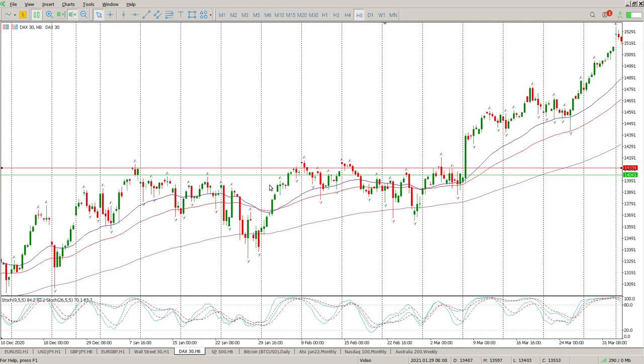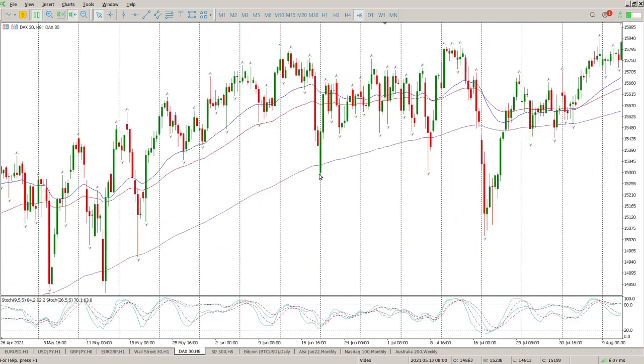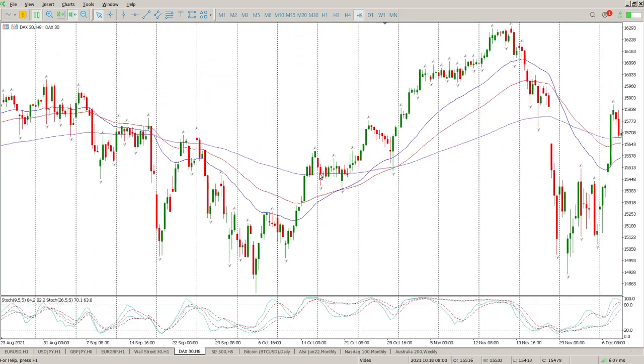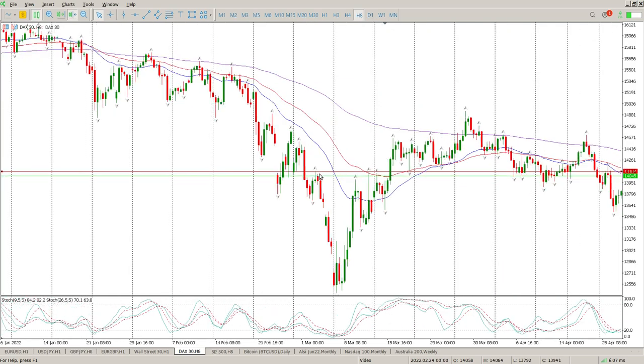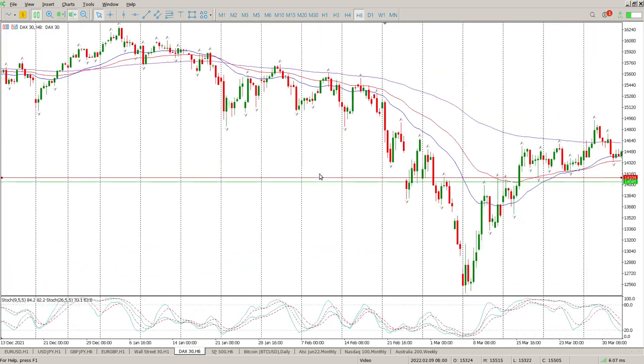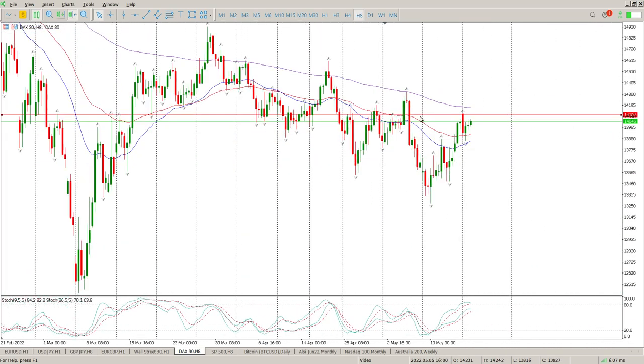So you can see all the way back to January. Is it January? Yeah, all the way back to January last year, and then back to March this year. Or should we say April and now May. Anyway, this is a fairly significant level. That's 14,100. So 14,100, you can see how price is just swinging above and below it.